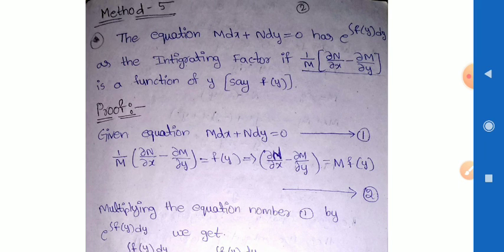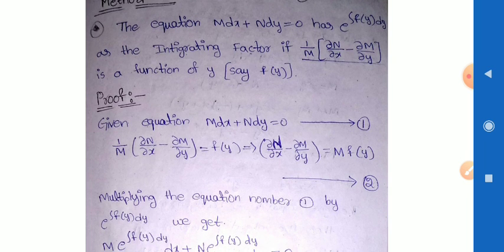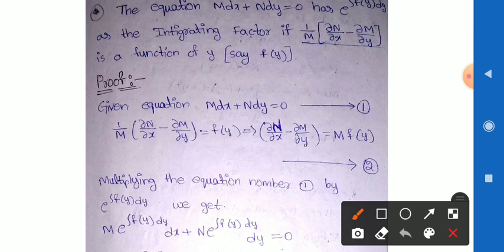The integrating factor is exponential integration f of y dy, where f of y is equal to 1 by m into dou n by dou x minus dou m by dou y. Now I am going to prove.